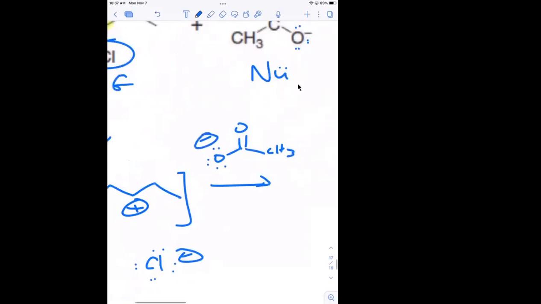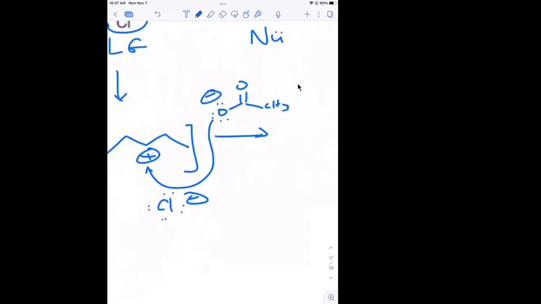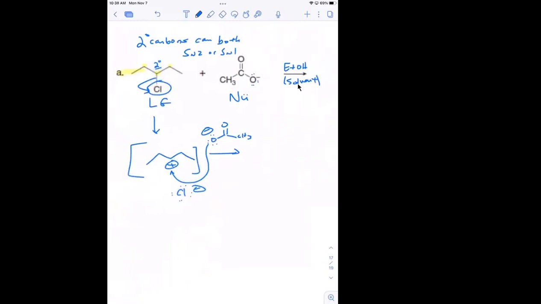Right, that's coming in, and that's going to attack, boom, right here. And then that's going to give me a product where now I have a bond between carbon, that carbon that's positive, and the oxygen that's negative.